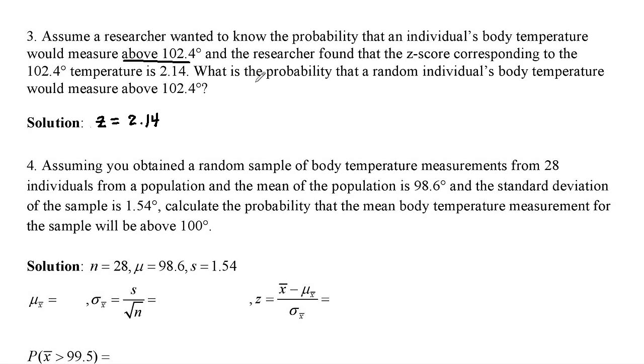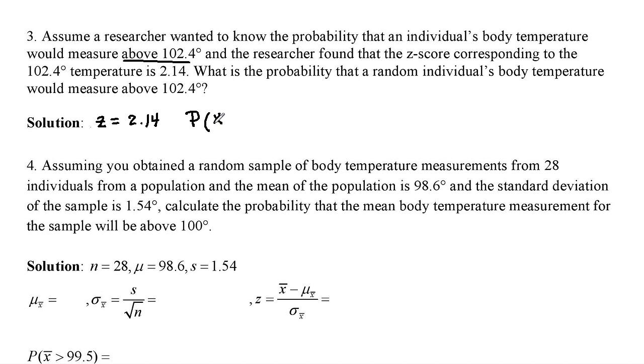And if you are using z-scores here, that means that the data has to be normally distributed. So the z-score that corresponds to 102.4 is the 2.14. So they're asking us, what's the probability here that an individual body temperature would be above 102.4?